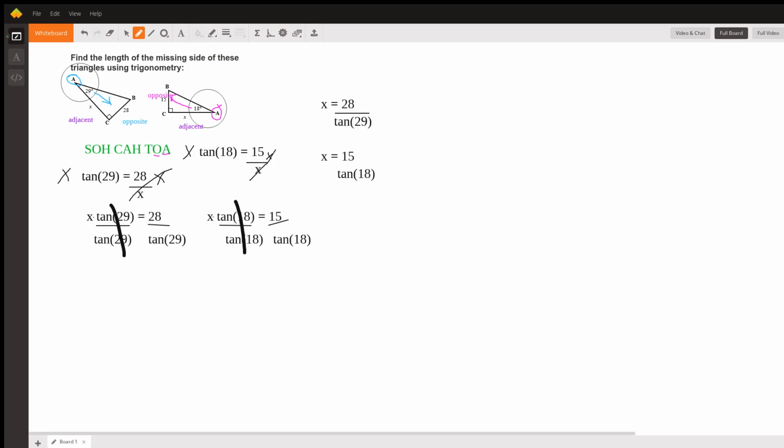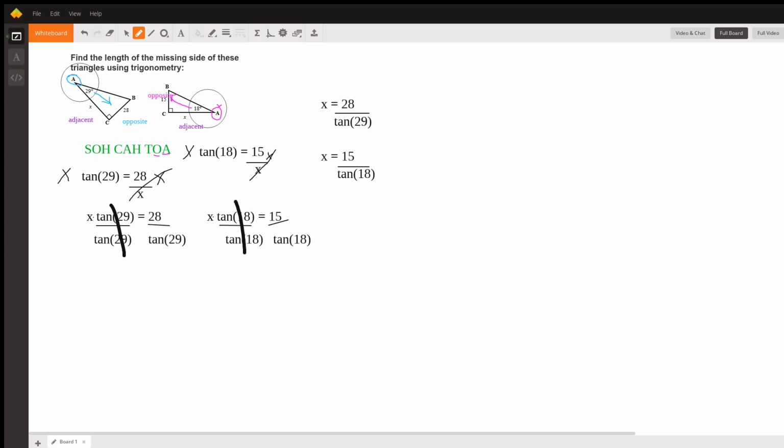From here on forward, this is just a calculator problem. Make sure my calculator's in degrees, it is.